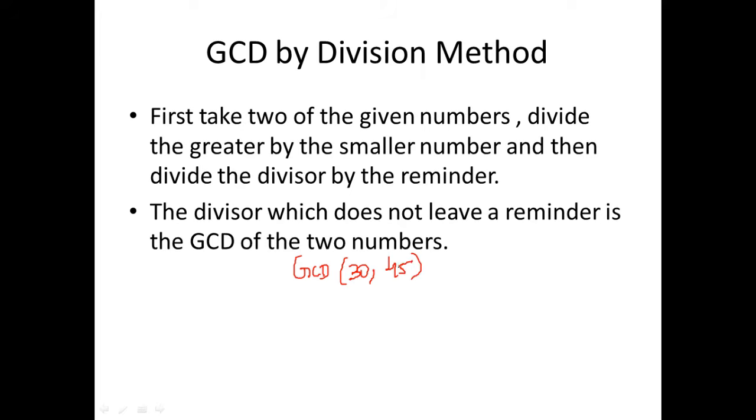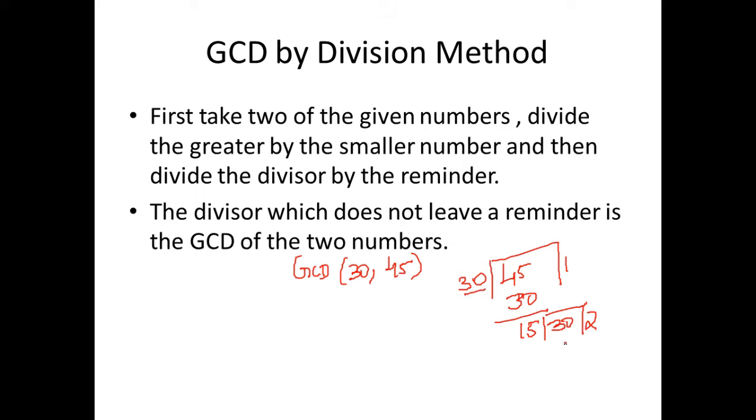How will you find the GCD of these two numbers using the division method? You take 45, the greatest number, and then you divide it by 30. So 30 into 1 is 30. And what is the remainder here? 15. Once you get a remainder, you take this divisor and you divide it by the remainder.